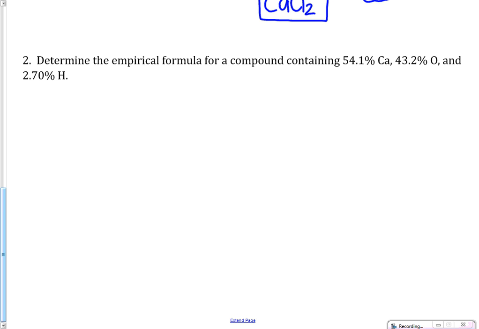Okay, now in this example, the givens, you'll notice, are percents. 54.1% calcium, 43.2% oxygen, and 2.70% hydrogen. Now, the way you can get around having these be percents is just say, assume that we have 100 grams of the compound.